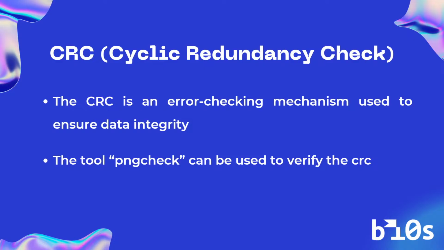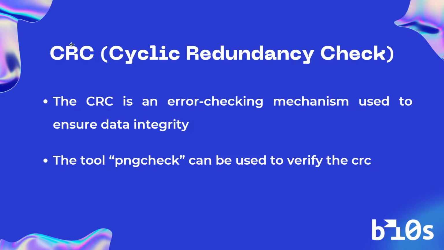Now, the general structure of a chunk is as follows. When you have a chunk, the 4 bytes before the chunk name will be the chunk length. And after the chunk name, there will be corresponding bytes which correspond to the chunk length. After that, there will be something called the CRC value.